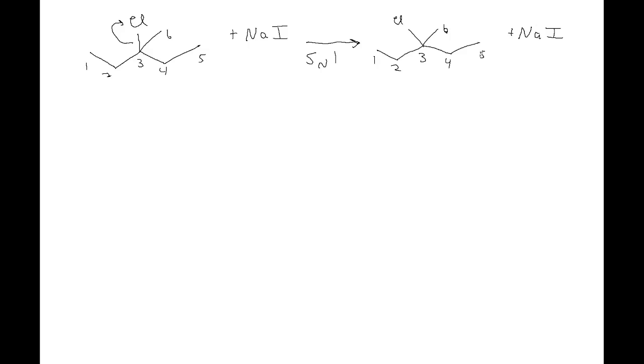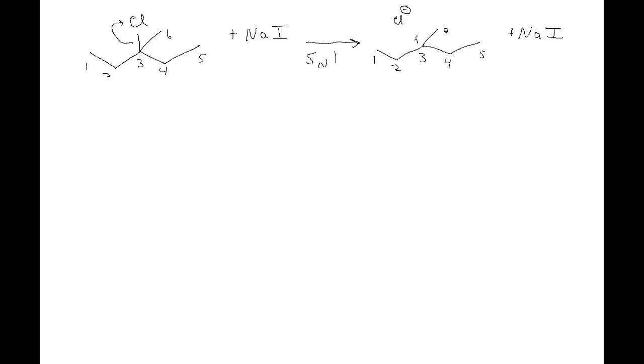You erase the bond between chlorine and carbon 3 and give chlorine a negative charge. And give the alpha carbon a positive charge.